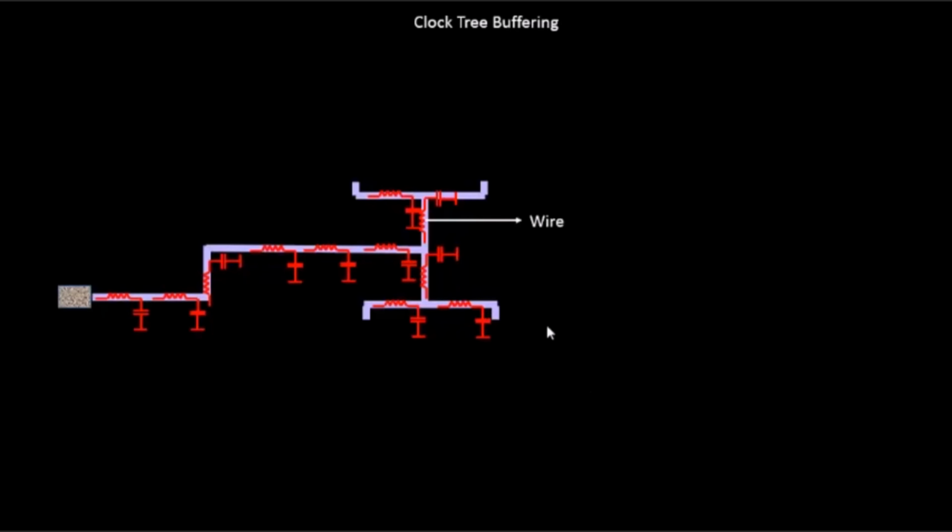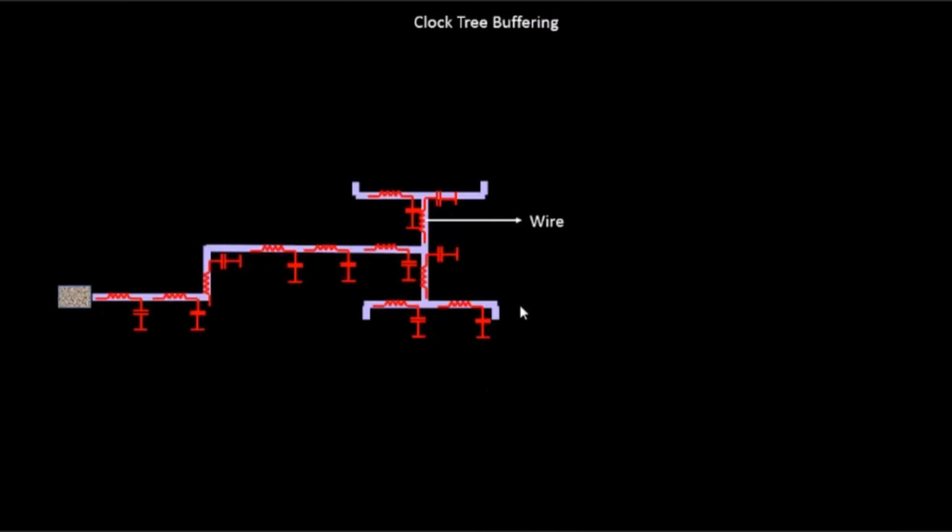Every flop, every flip-flop which is placed over here, acts as the load to this particular network. So it's as simple as saying that this clock port is driving this load sitting over here through this RC network. So it's as simple as that. We can talk in this format also.